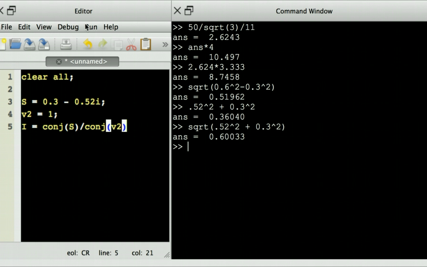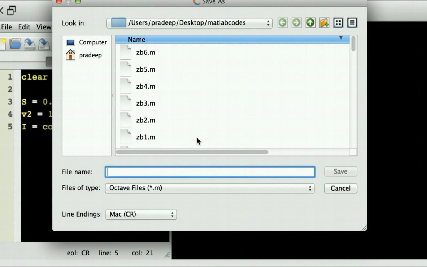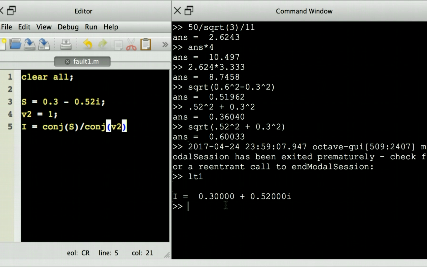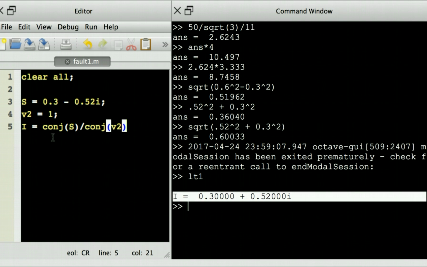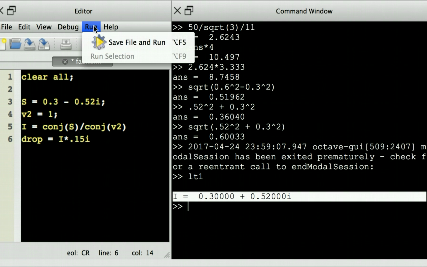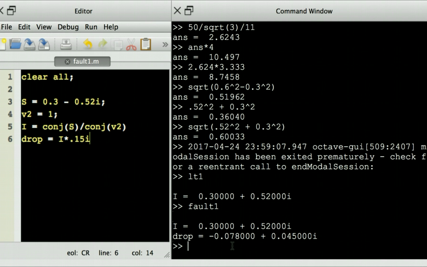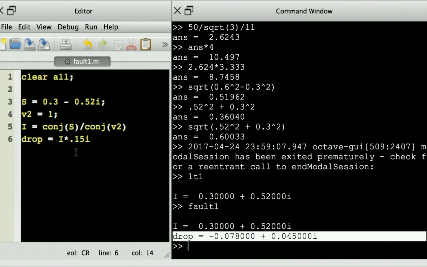Let me run this. So 0.3 plus 0.52j, that is correct. Then the voltage drop is I into 0.15j. So I'm getting the voltage drop here.